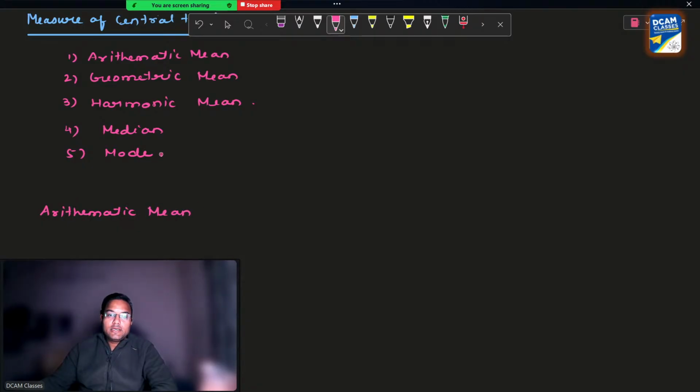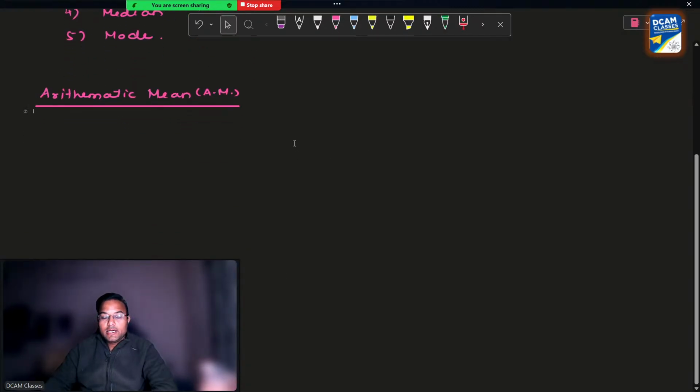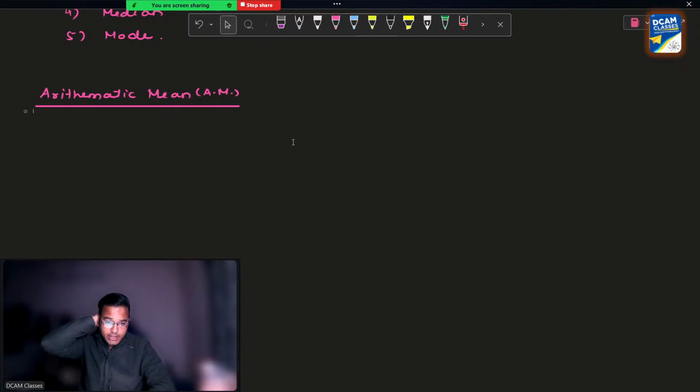How to calculate the arithmetic mean? It's represented by AM. You must have studied this when we were discussing sequence and series. When there are different numbers like x1, x2, x3, x4, x5, you just add up those numbers. Suppose you have added 5 different quantities, you just add them and divide by 5, because you have taken 5 different numbers.